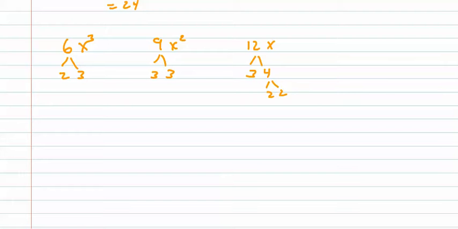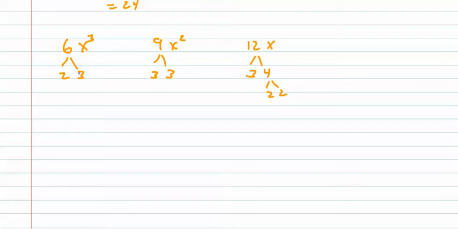Lastly, we're going to look at a simple case, but with 3 numbers: 6x to the third, 9x squared, and 12x. You need to look at the x's and the numbers separately. So when I look at the numbers, 6 is 2 and 3, 9 is 3 and 3, 12 is 3 and 4, 2 and 2.